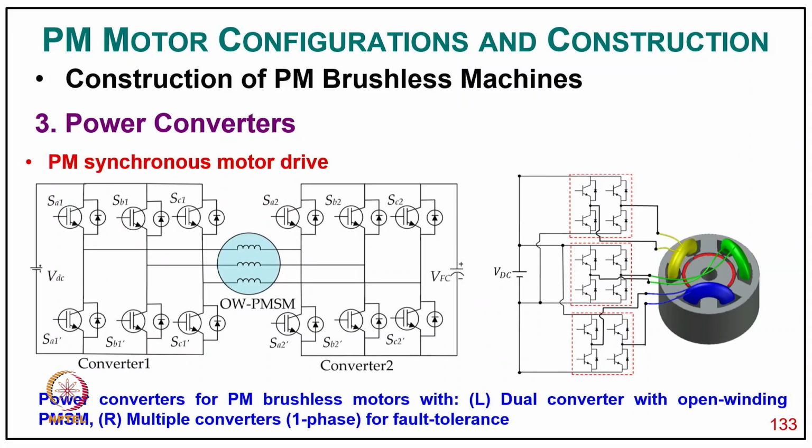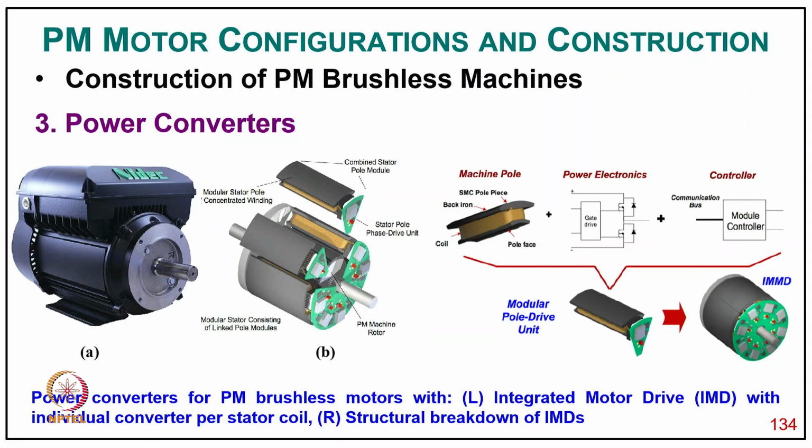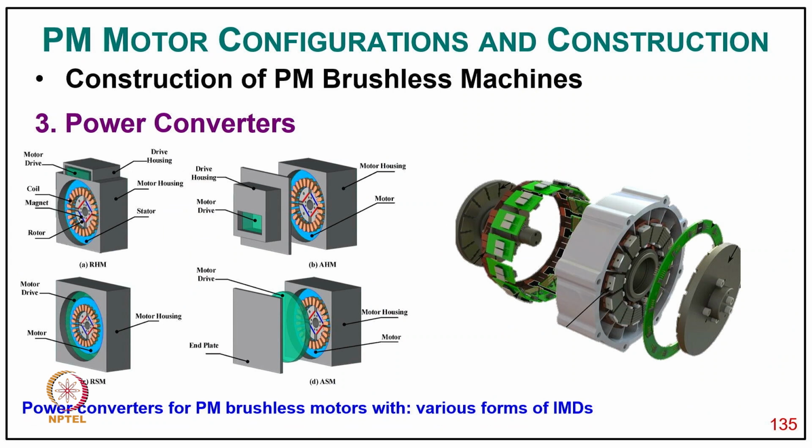And typically, like one brushless motor with dual converter open winding to increase the reliability for electric vehicles or many other applications. Like these are typically how the power converter is combined with the motor, and the converter is included as part of it, so that the size is reduced for some applications like electric vehicles also. And the power converter brushless is a very typical form of your motor type.